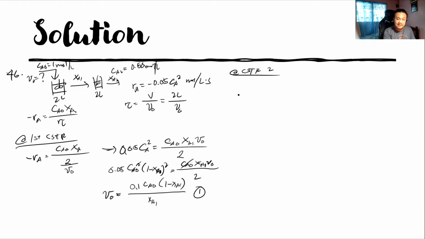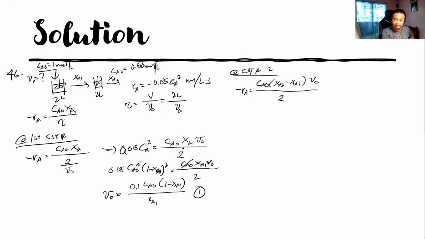So for CSTR2, analysis na sa dato. So gamit gihapon nato ni siya nga equation. So negative RA. XA2 then XA1 minus XA1 na siya. Karon kay right man ang conversion ani. So this is VO diba then 2.